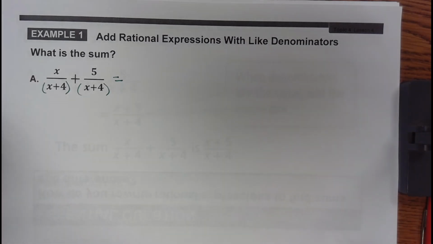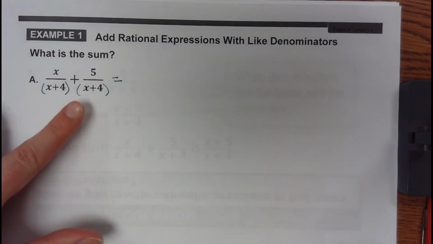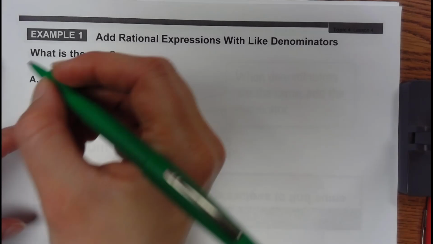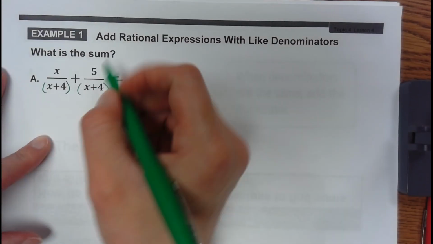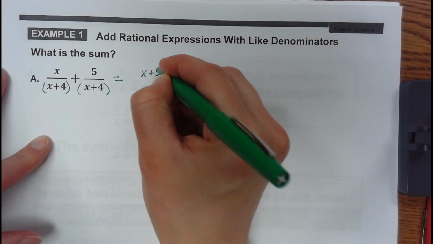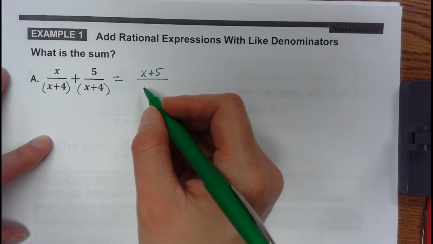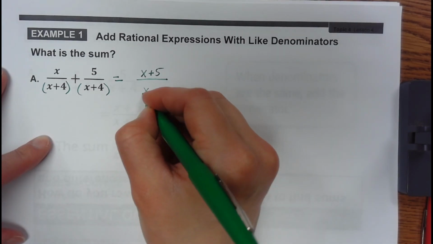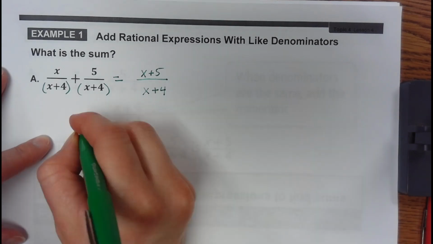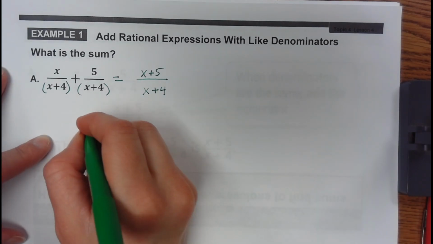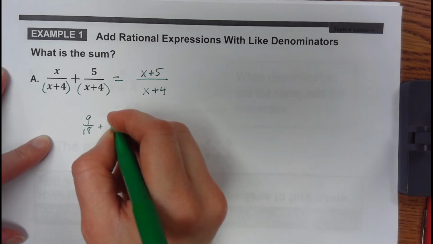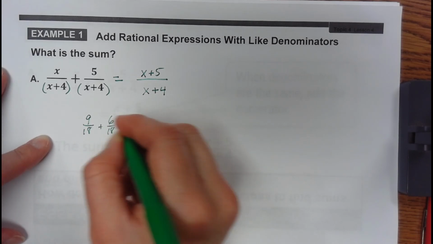They both have a common denominator. These are exactly the same. So what happens is we are going to add the numerators, but this does not become 2x plus 8. Remember, the common denominator is what stays the same, just like when we added our 9/18 and our 6/18.